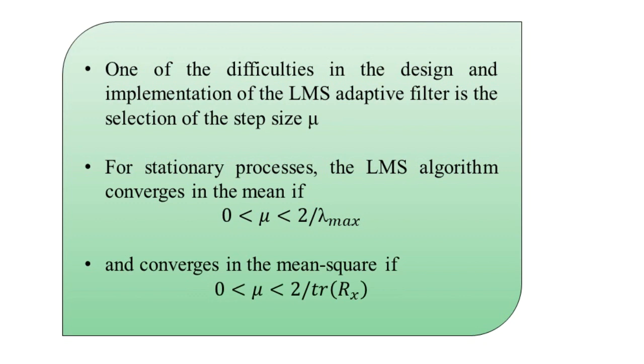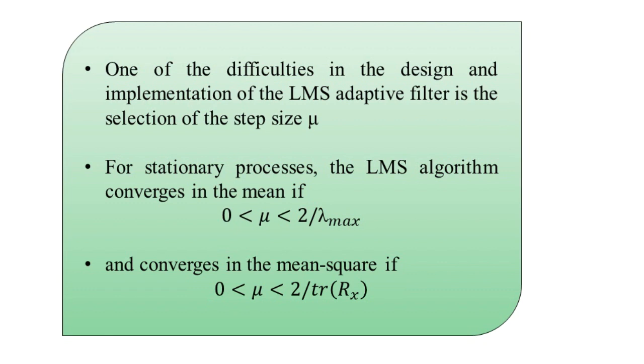Since capital R suffix x is generally unknown, either lambda suffix max or the autocorrelation matrix capital R suffix x must be estimated in order to use these bounds.